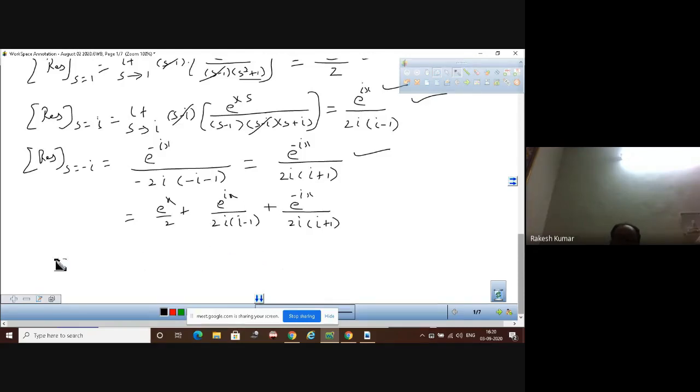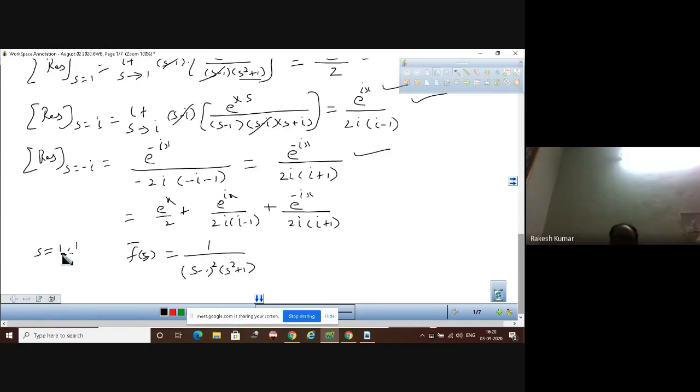One more important point which I have to mention. Suppose there are poles like this, s equal to 1 and 1. Or you can say that here your f bar s is like this: 1 over (s minus 1) square, and here is (s square plus 1).